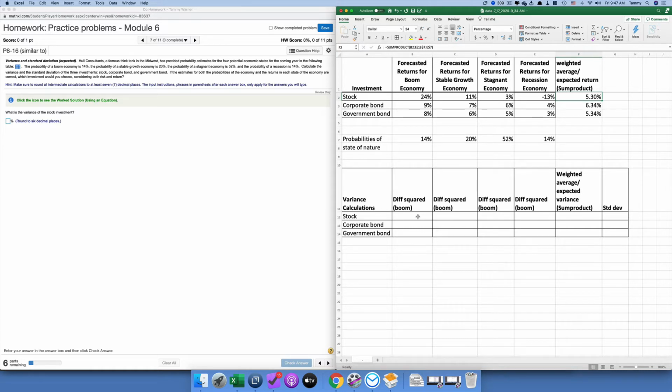And then you square that difference. So let's just go ahead and do that. Our calculation would be the forecasted return minus the expected return. Close the parenthesis, use a caret to square it. So that'll give us the difference squared in the boom economy.